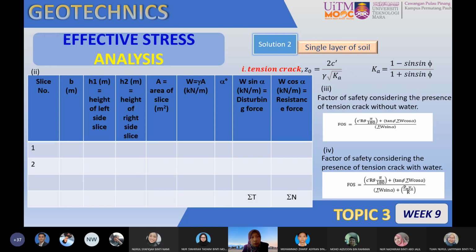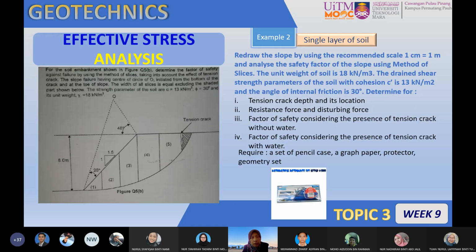One thing to remind everyone is that this time you have to get graph paper, a set of geometry tools and a protractor to assist you in analyzing slope stability manually, because for this assessment we evaluate you on answering the question through your own calculations.